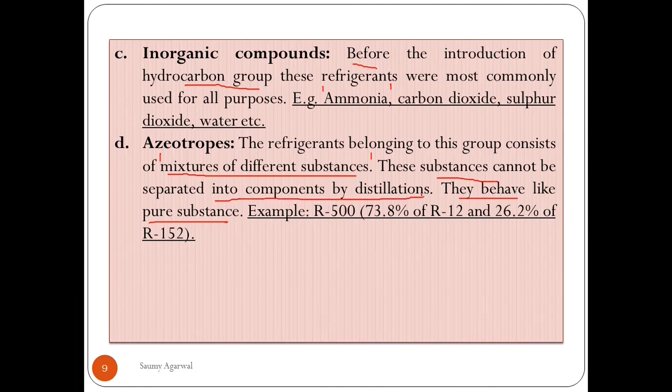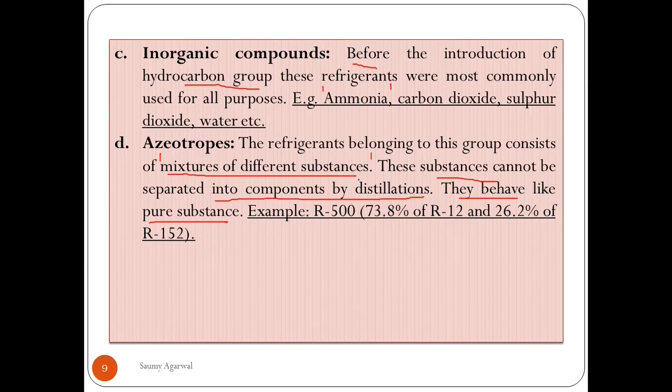Distillation, as you know, is the process which separates liquids in a mixture by first evaporating and then condensing. So azeotropic mixtures do not get separated with the help of distillation.